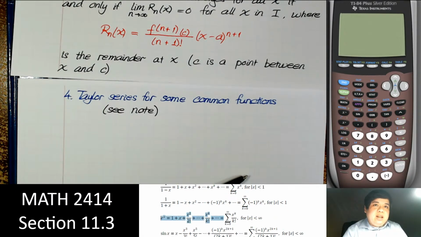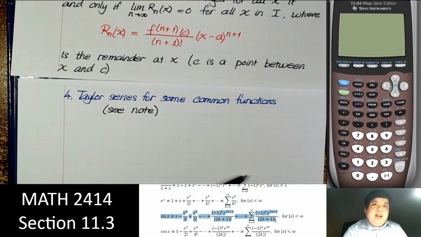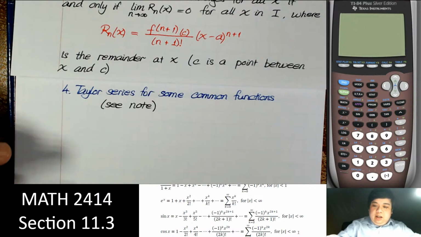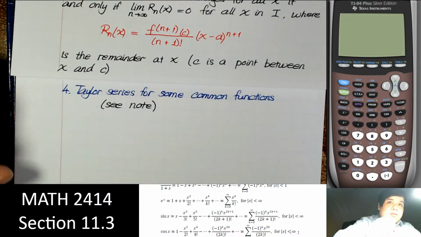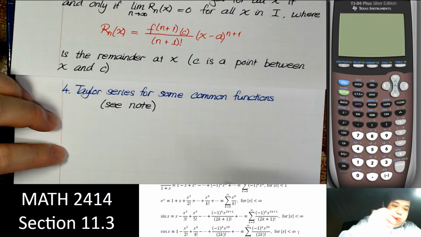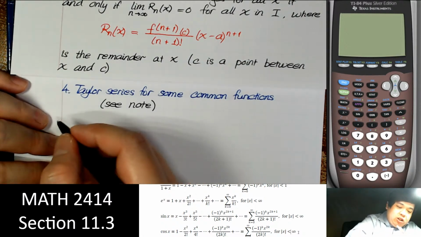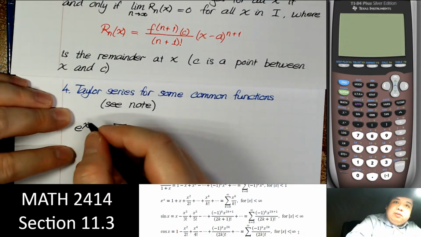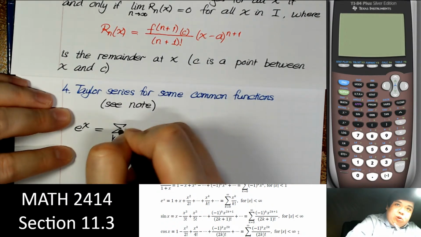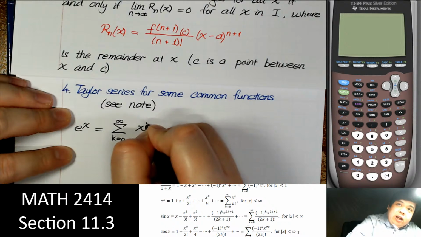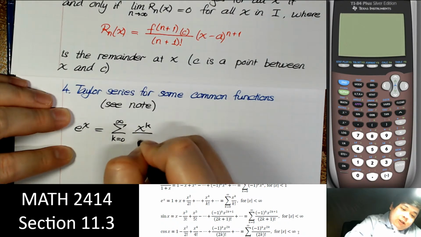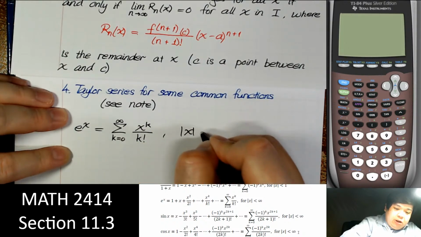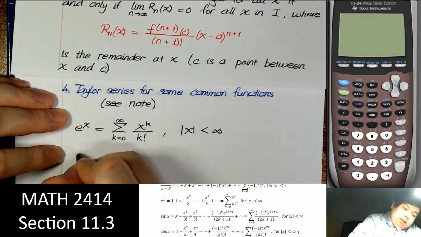We have e to the x here, sine and cosine. And let's just write few series. e to the x is the summation of k equal to 0 to infinity x to the k over k factorial, that converge for all x.